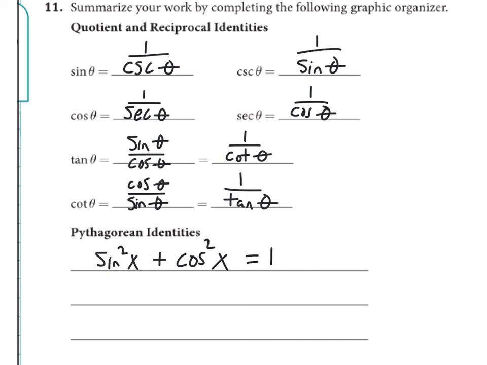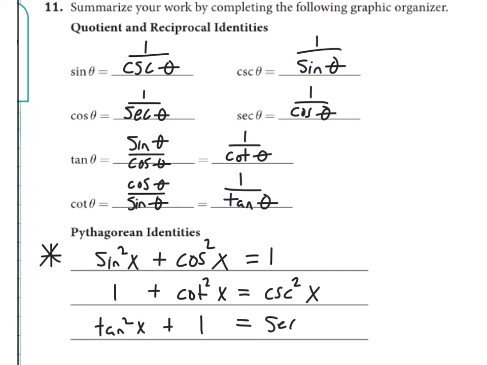If I divided them all by sine squared, I would get 1 plus cotangent squared equals cosecant squared. This is the one from a few minutes ago. And then if I divided the original by cosine squared, I would get tangent squared plus 1 equals secant squared. So those are the big ones.